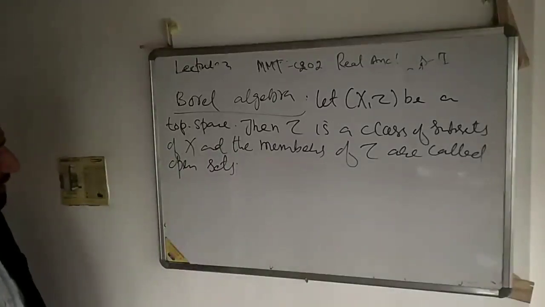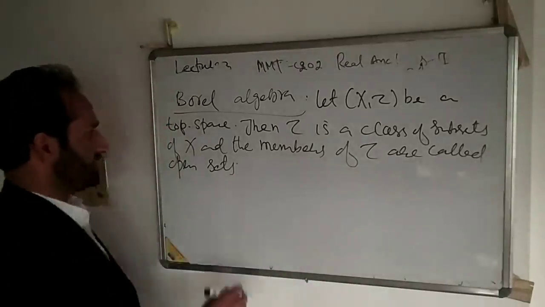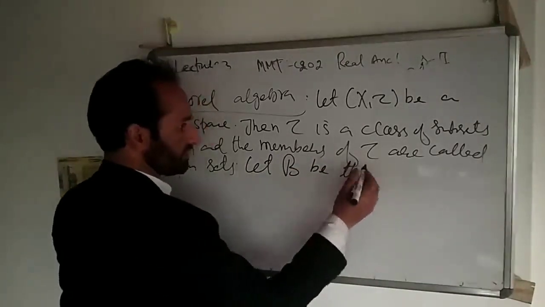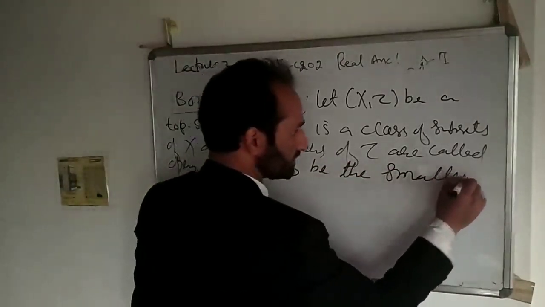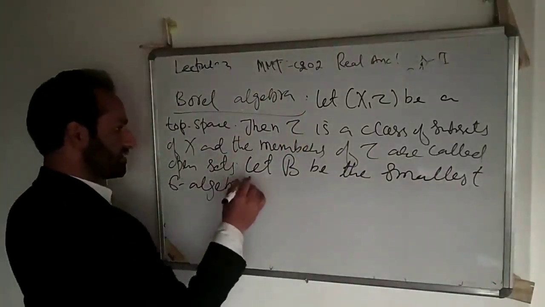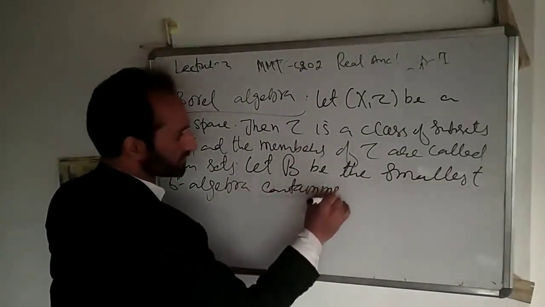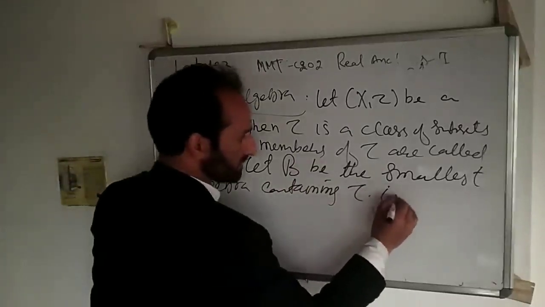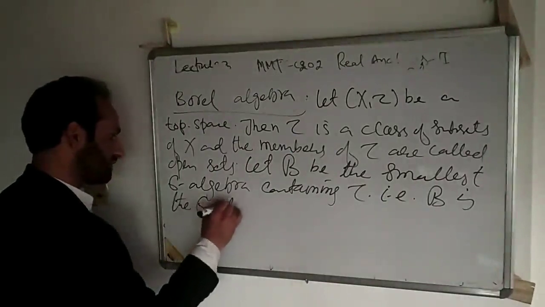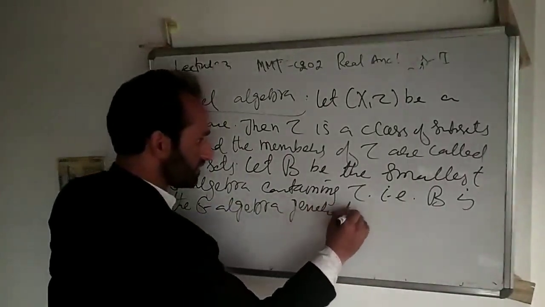By the previous theorem, every class of sets generates a sigma algebra, and let B be the smallest sigma algebra containing tau. That is, B is the sigma algebra generated by tau.